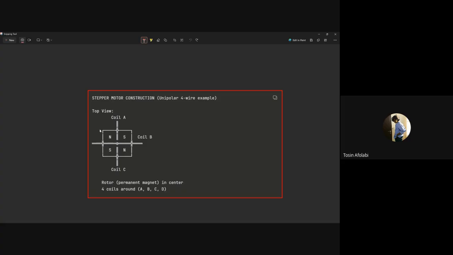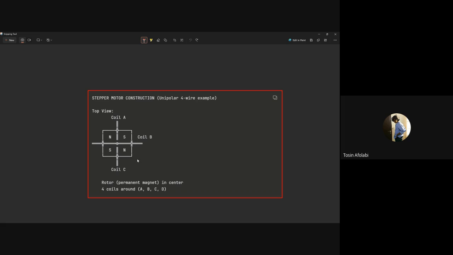When we energize A and B, the rotor is pulled that way. When you energize B and C, the rotor rotates 90 degrees. When you do C and D, it does another 90.